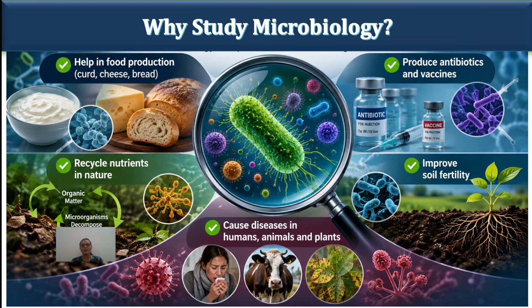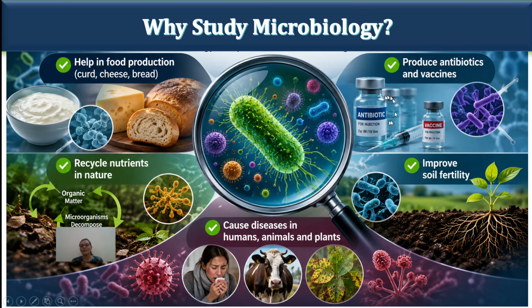Next, we discuss why we study microbiology. As we discussed, there are two types of roles: beneficial and harmful. Where beneficial, it helps in food production. Milk is turned into curd due to microorganisms, bacteria. They also produce cheese, which is very important as food. They are involved in bread production, right?